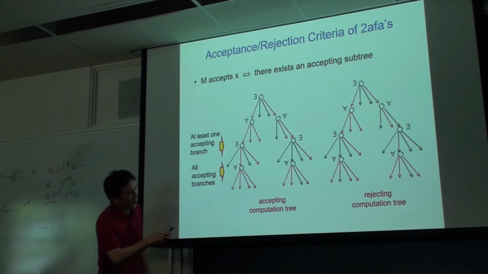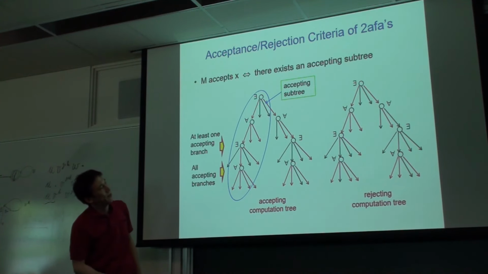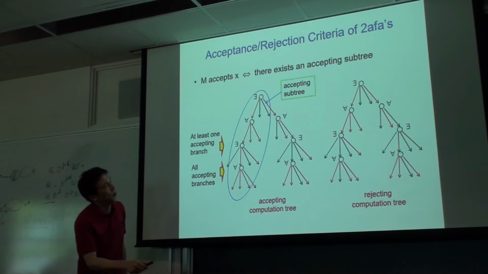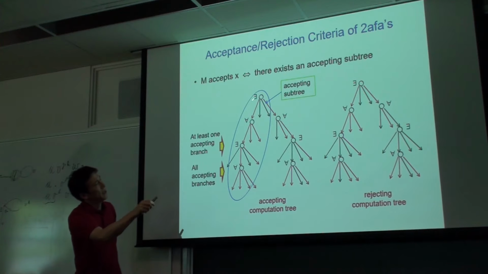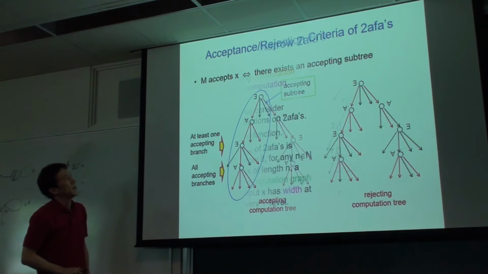So now you actually have this particular accepting subtree. Here we don't have that accepting subtree, so in this case the machine rejects the input. In this case, the machine accepts the input.